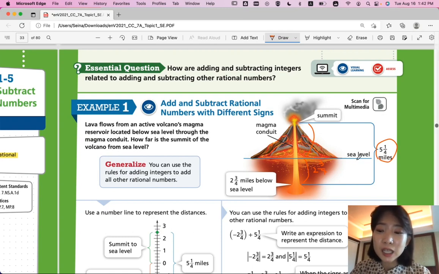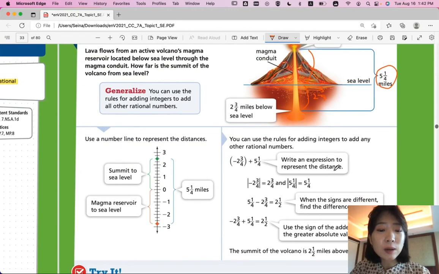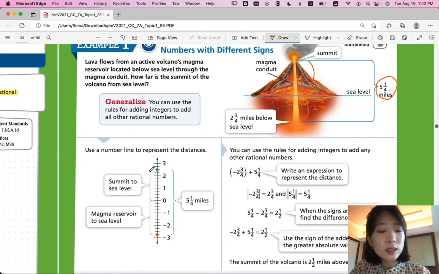We can subtract this total distance minus what we know here below sea level. Or we can add these two to get the total distance, but we don't know this, so we have to subtract this from this. So you can use the number line to represent the distances. Summit to sea level is here, magma reservoir to sea level is here, and the total should be 5 1/4 miles.